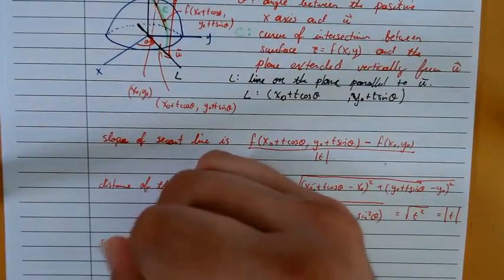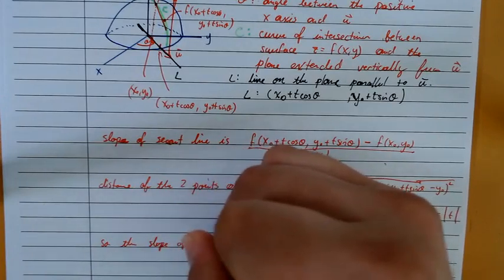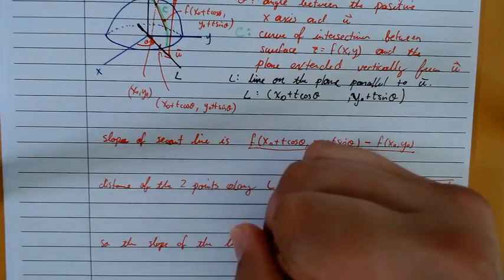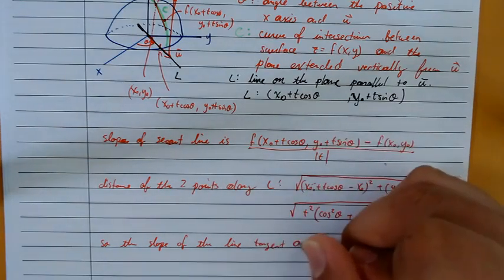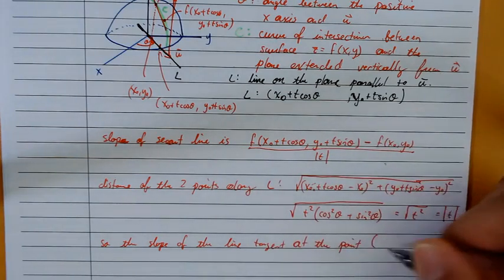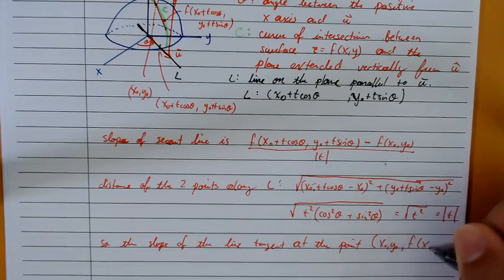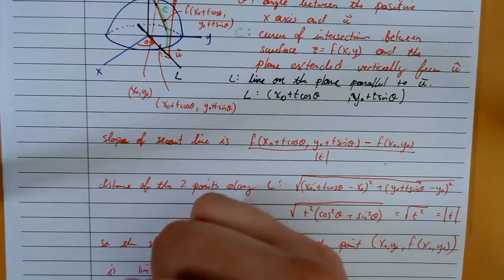So the slope of the line tangent at the desired point, which was, what was the point? X naught comma y naught comma f of x naught comma y naught is the limit as t approaches 0.